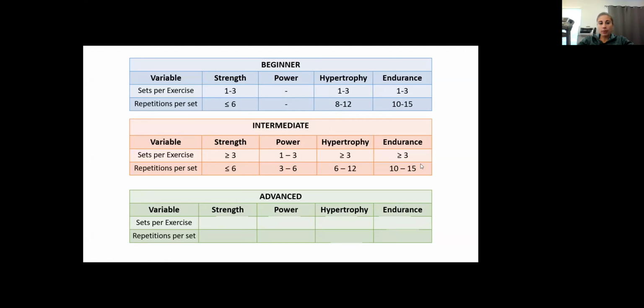All right, let's go to advanced. So how many sets for an advanced client? Sets for an advanced client?